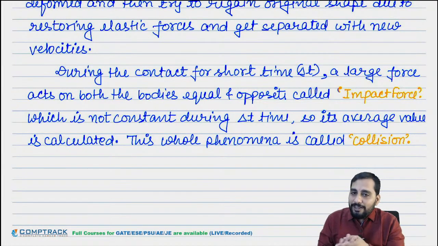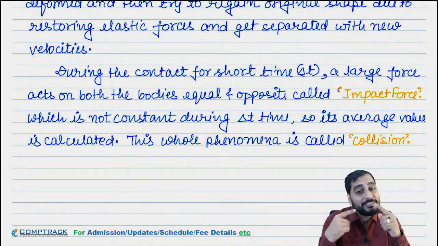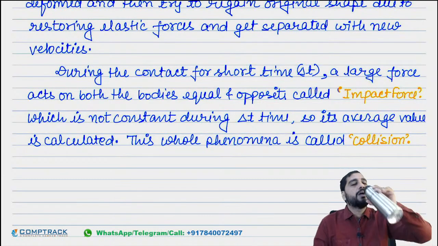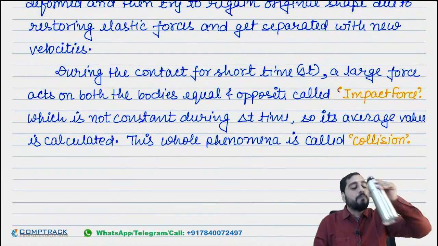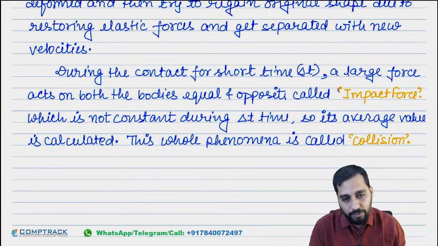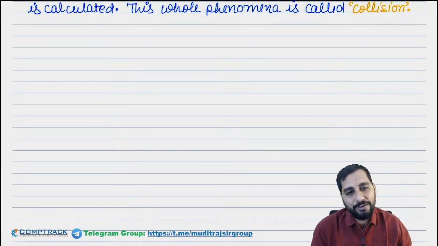So both are for a short interval of time. Both values can be calculated by F into delta t, but the application is different. The feeling is different. Yes or no? That's why different names are given to them.